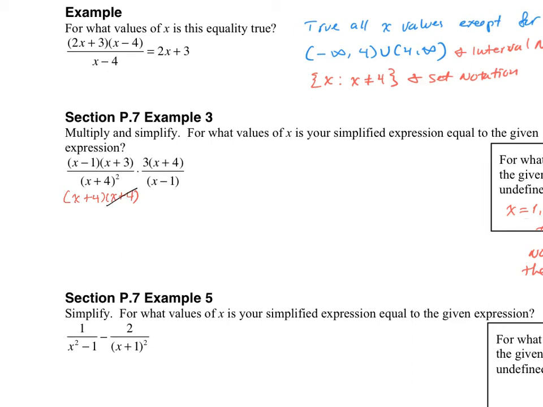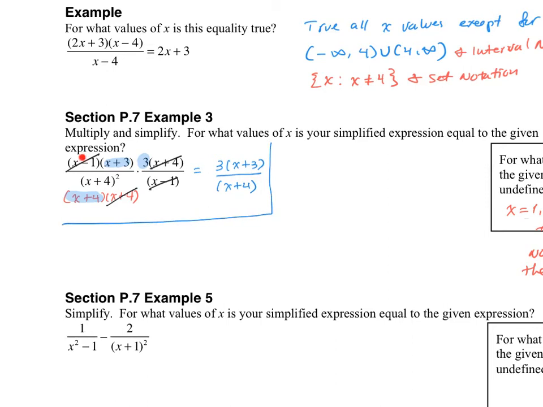So this will cancel this one, and this will cancel that. The thing that survived, that was not cancelled, is the 3, x plus 3, and the x plus 4. So the solution will be 3 times x plus 3, divided by x plus 4. And that's it.